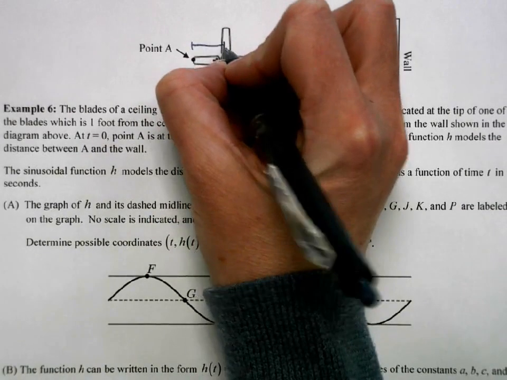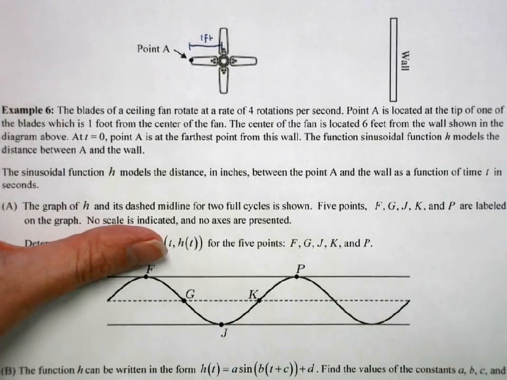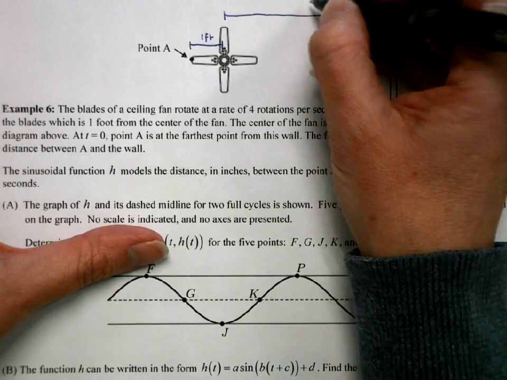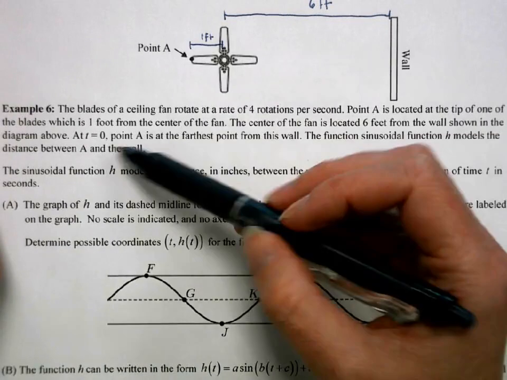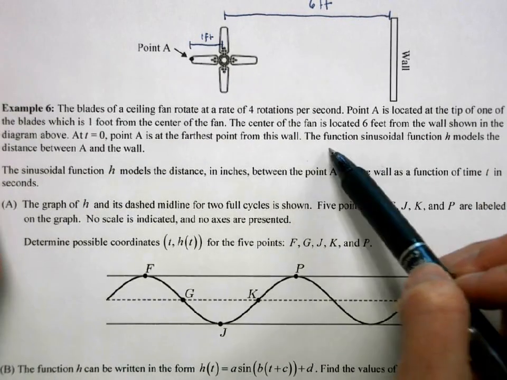The center of the fan is located 6 feet away from the wall that we have shown here. At t equals 0, point A is at the farthest distance from the wall. The sinusoidal function models the distance between A and the wall.